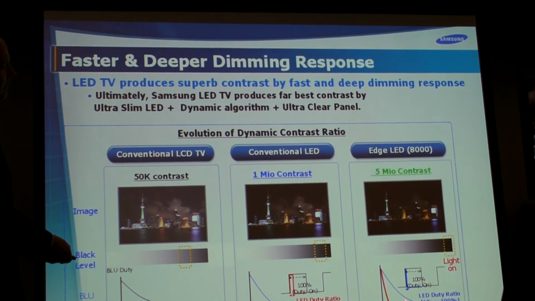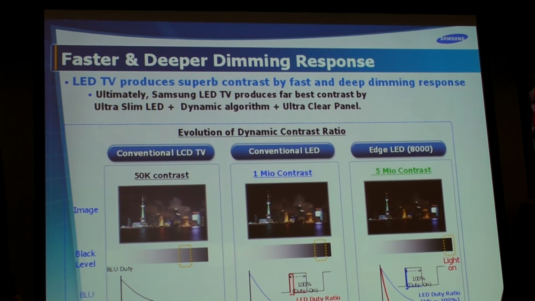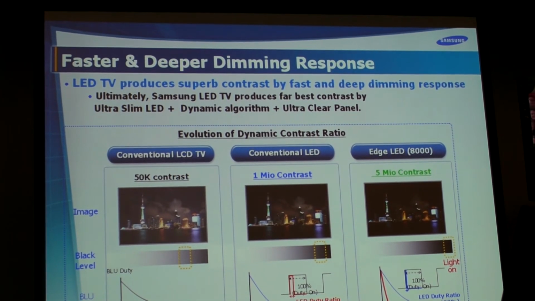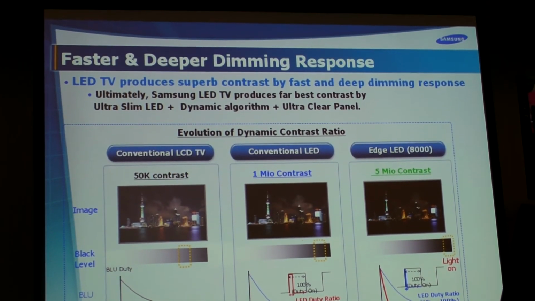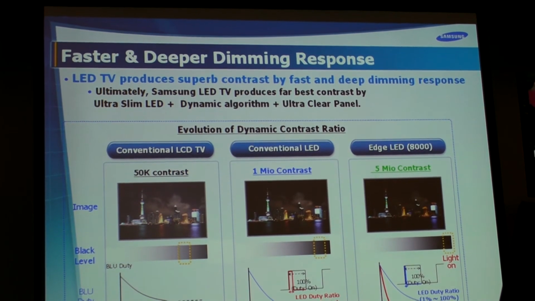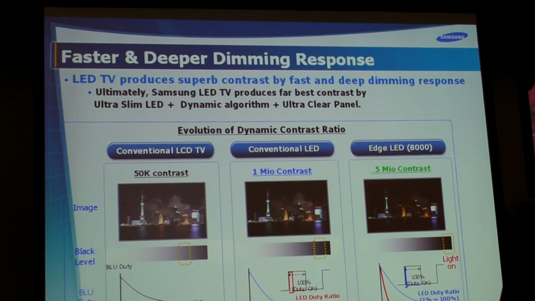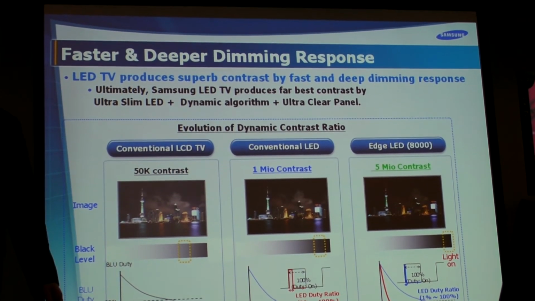In our LED TV, in the 8000 series, we can dim the light to less than 1% of the LED. With this, combined with a natural panel contrast of roughly 5000 to 1, we come up to a dynamic contrast of around 5 million to 1.